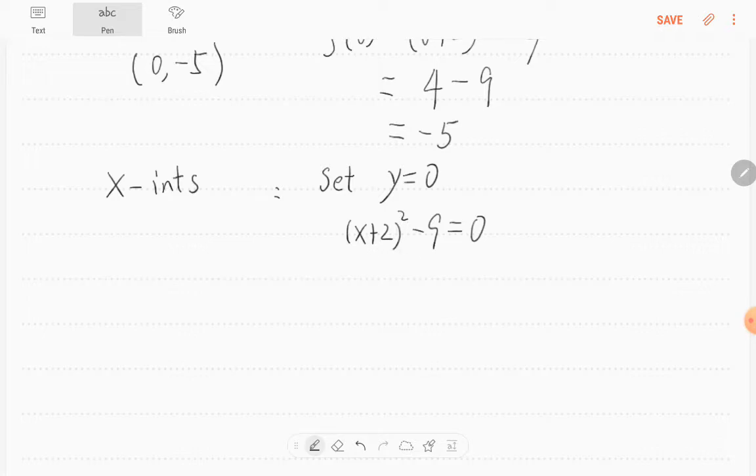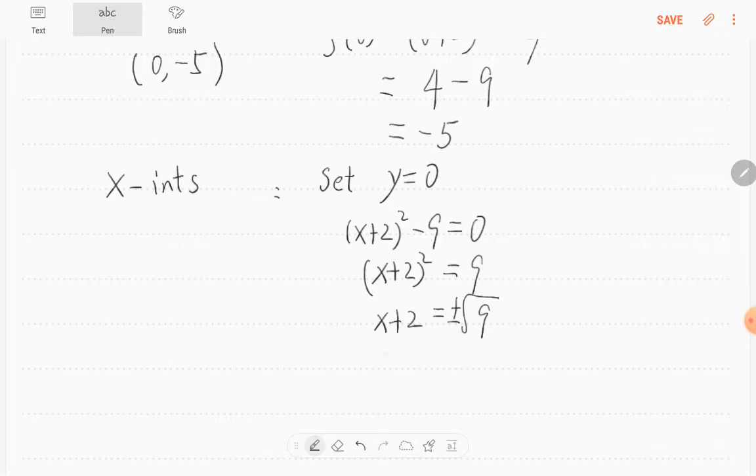So you add 9 on both sides, you will have (x plus 2) squared equals 9. Then you take the square root, so x plus 2 equals plus or minus 3, or plus or minus the square root of 9.